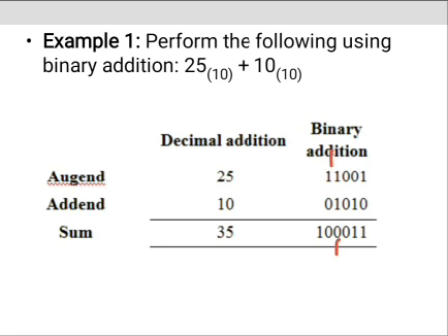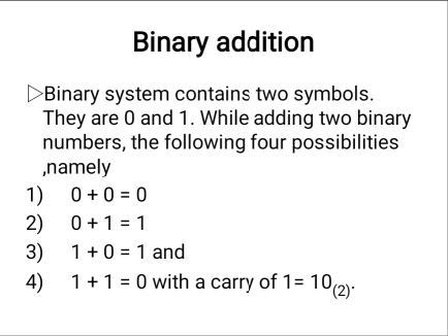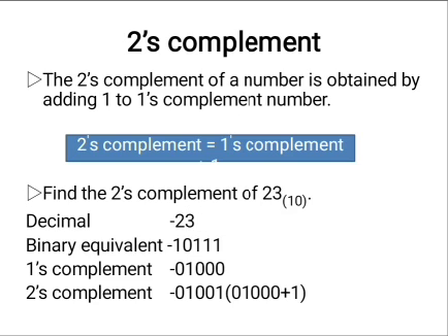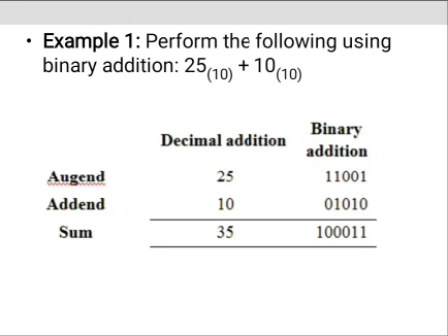That means 1 plus 1 equals 10. And also 1 plus 1 in the fifth column, 1 plus 1 equals 10. So this is the sum. The binary equivalent of 35 is 100011. The answer is 35.